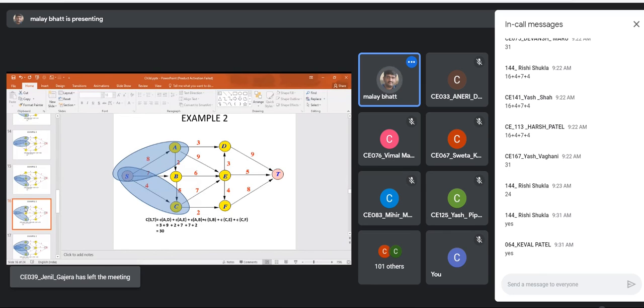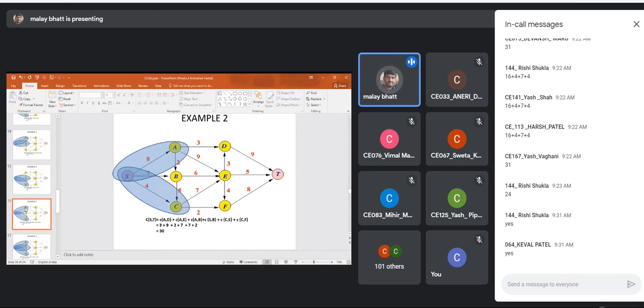Now here we have S, A and C. So SAC will be one group. So the outgoing arrows from A are 3, 9 and 2, all 3, because B is not in that cut. Similarly, from C, we have to consider 2 outgoing arrows, that is E and F, 7 and 2.